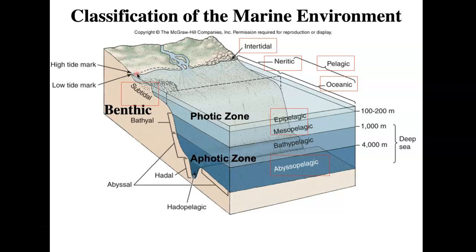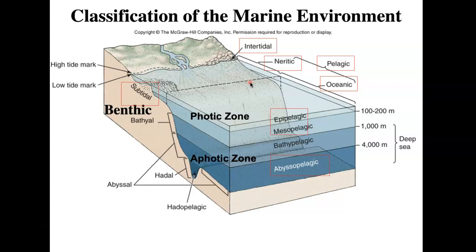So it's between the high tide mark and the low tide mark. These are areas that might only be exposed to air for a very short time of the year, but they're still exposed at some point, and that's considered the intertidal zone. And then subtidal, again, is anything that's covered by water, this continental shelf that's covered by water.